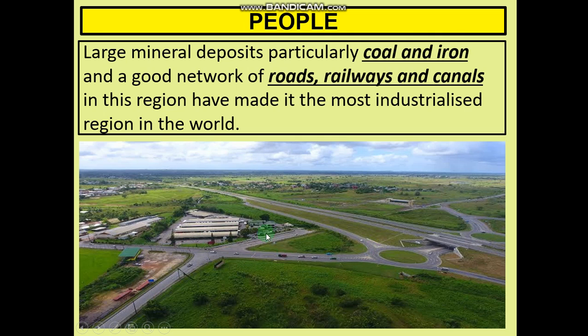All the industrial regions have been provided with roads. Roads help these industries a lot, because whatever goods they manufacture in these factories, it becomes very easy and convenient to supply from one city to another.